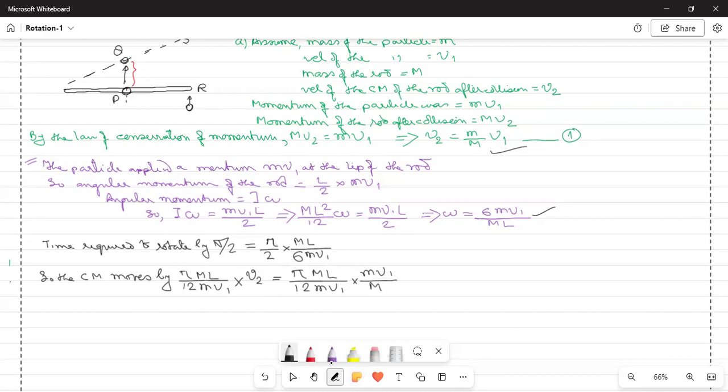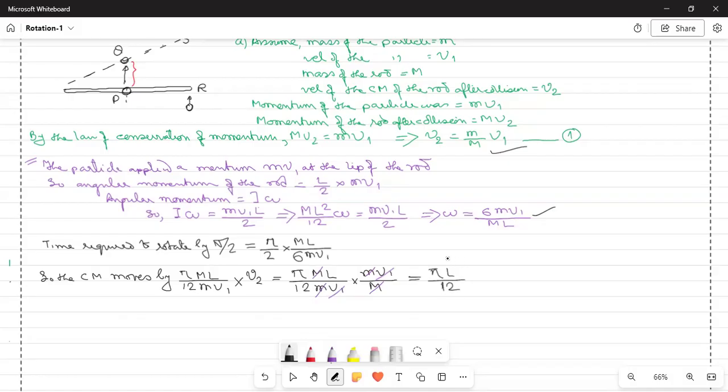Now a lot of things are cancelled. Capital M gets cancelled. Small m gets cancelled, and v1 gets cancelled. So what we are left with is pi L by 12.